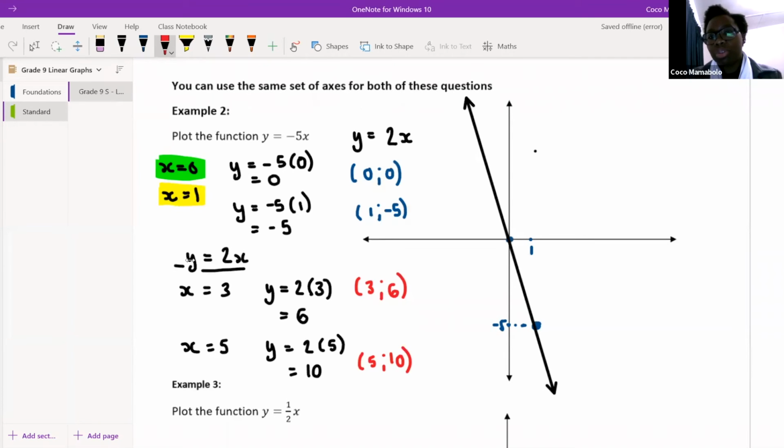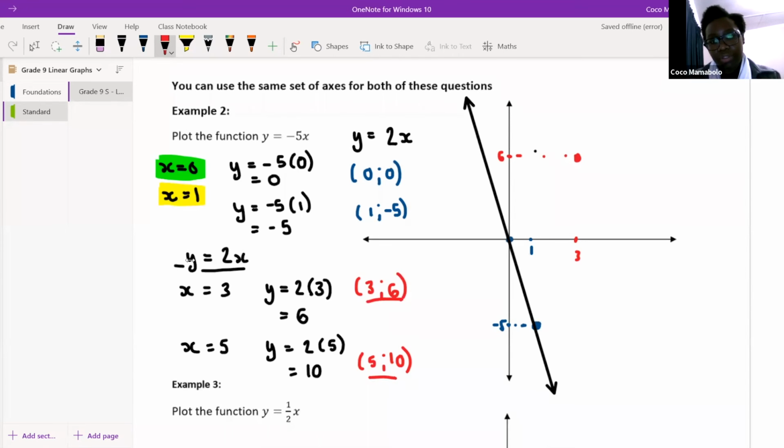So I'm going to go to my graph and go to where my x value is 3. We're going to say 3 is here. And we're going to go to where my y value is 6. We'll just say that 6 is there. And where they meet, there, I'm going to put a dot. Andani, I'm going to answer your question just now. Hold on. So I've plotted that one.